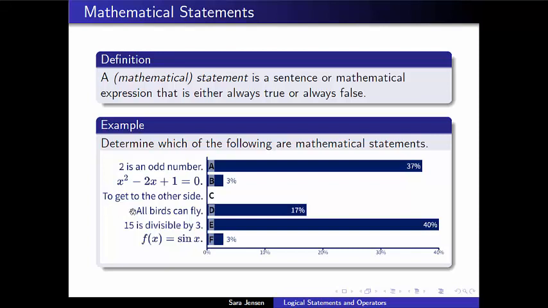But as soon as we add what's called a quantifier, the word all, to the front of it, that's enough to escalate this sentence from just an English sentence to an actual mathematical statement. And so this final example right here, all birds can fly, is an example of a mathematical statement.